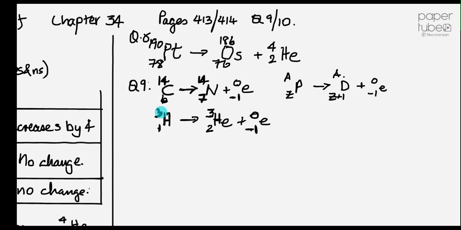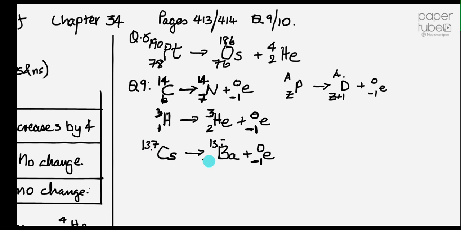Right, cesium goes to barium and a beta particle. It tells me this is 137, so that has to be 137, and 137 and naught is 137.